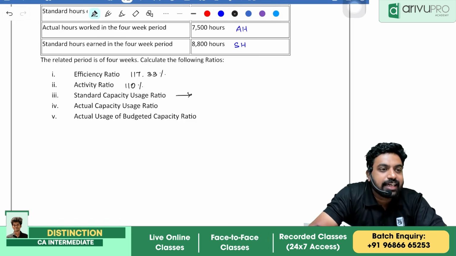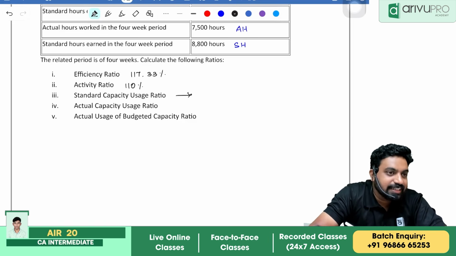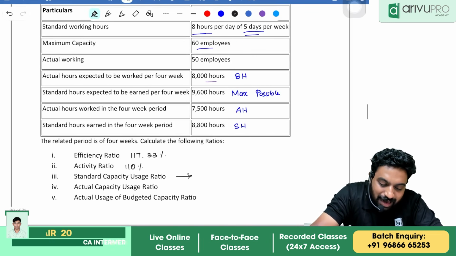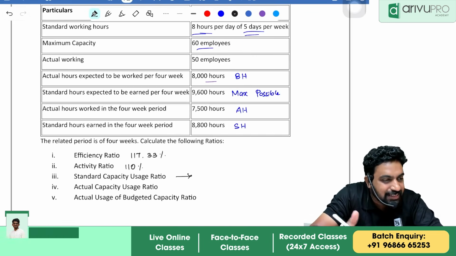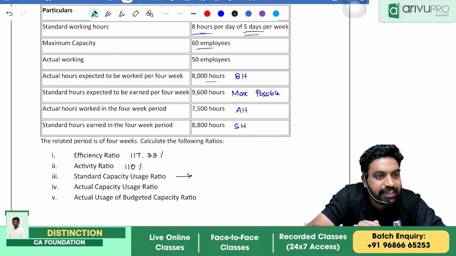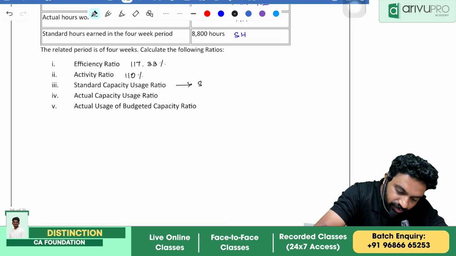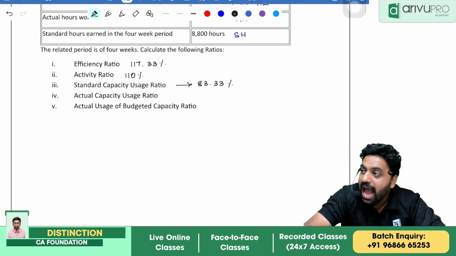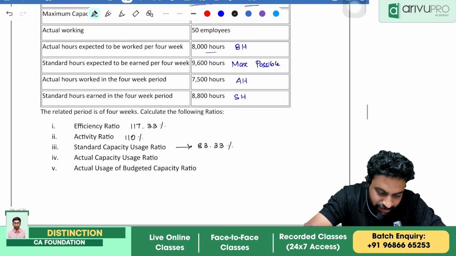Standard hours or budgeted hours? Budgeted hours. Standard means we are planning here, not standard for actual. So, budgeted hours divided by maximum possible hours into 100. Budgeted hours are 8,000. Maximum possible is 9,600 into 100. 83.33%.